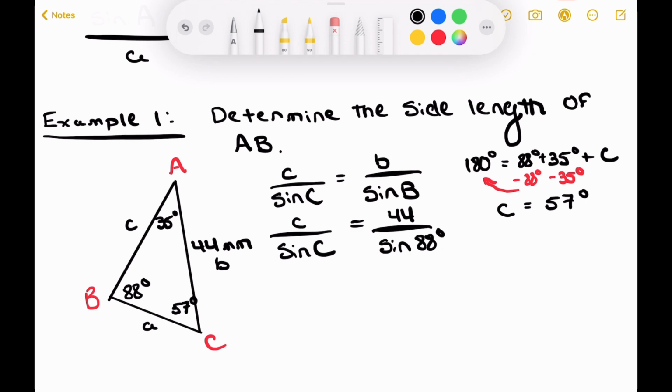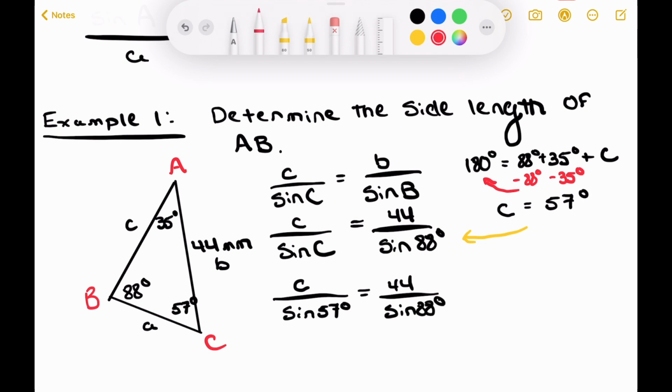We just have to sub it back in here for our equation and solve for C, because that's the side length AB we're looking for. So C over sine 57 degrees is equal to 44 over sine 88 degrees.